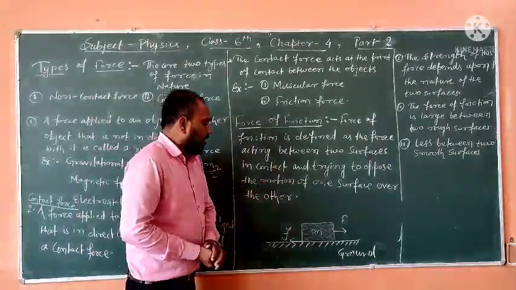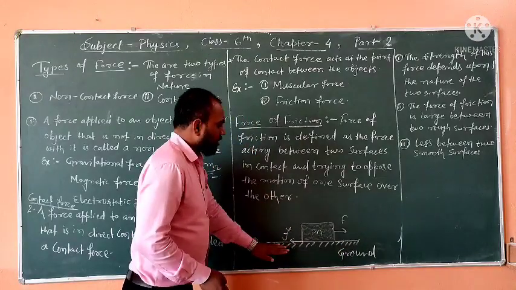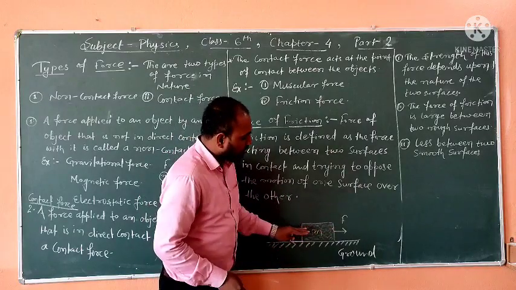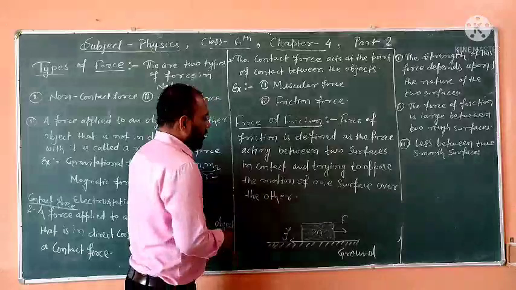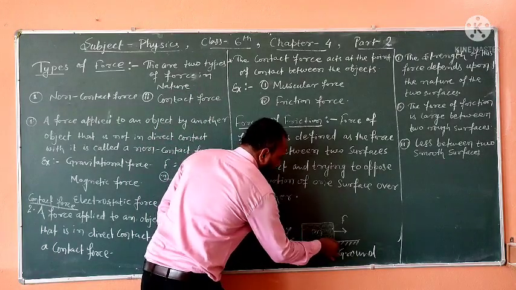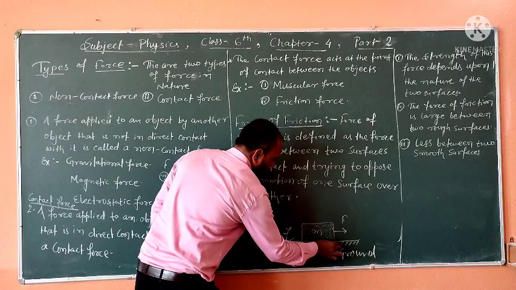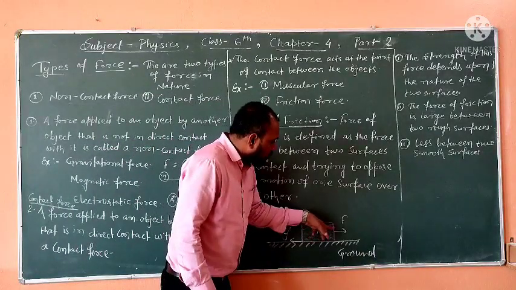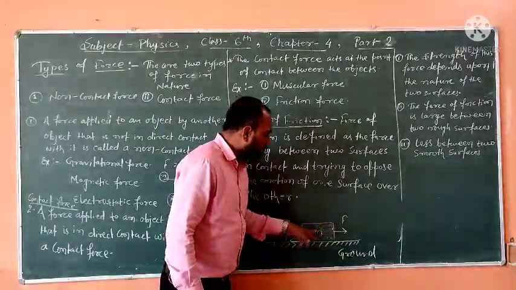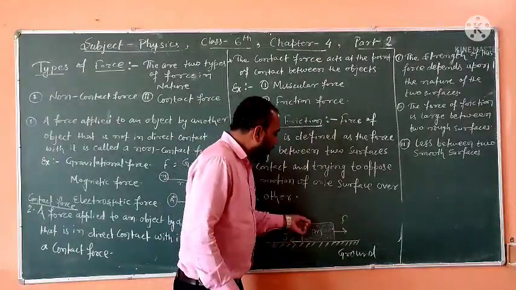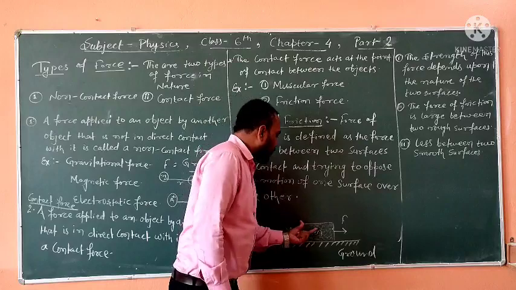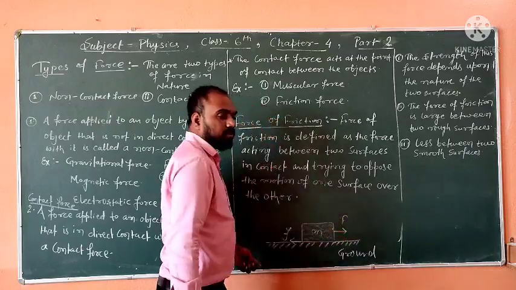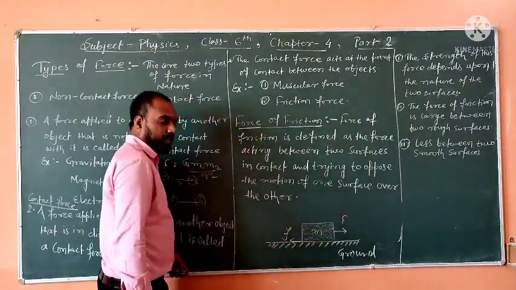Okay? First, try to understand. There is a surface, the ground, and another body, such as a box, just lying over the surface of the ground. This part is the contact between the two surfaces. If I apply force on the body, it will try to move over the surface of the ground.